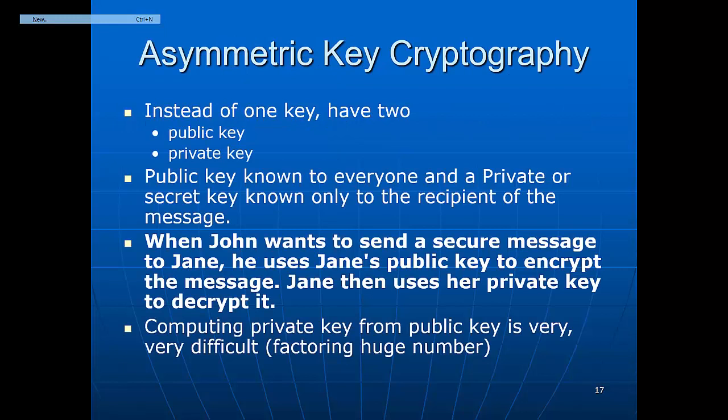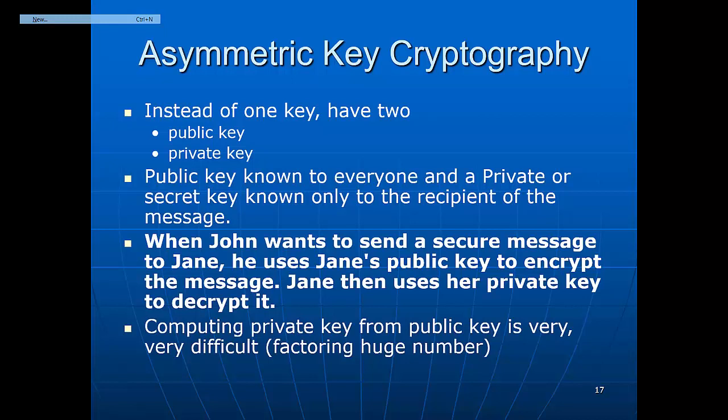One of the newer ideas, although it's been around for quite a while, is asymmetric key cryptography, which gets rid of this problem. And you'll hear a lecture or an interview with one of the professors who has a Turing Award for doing this kind of technology, and that'll be really interesting for you to hear.